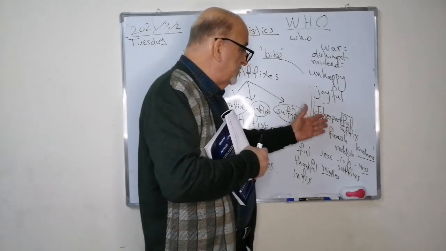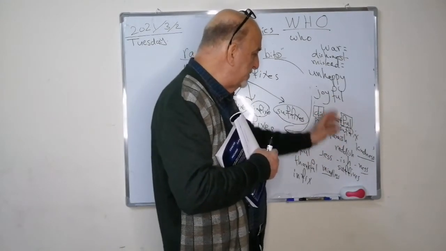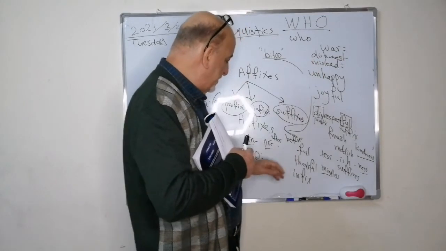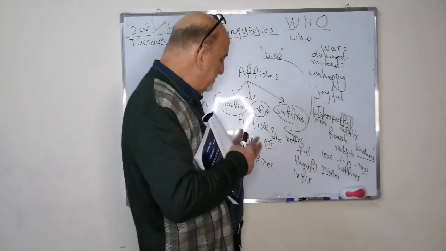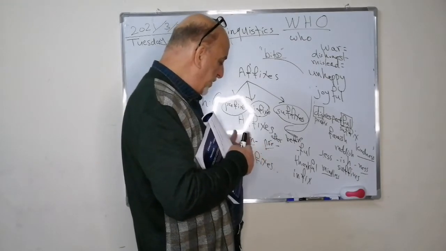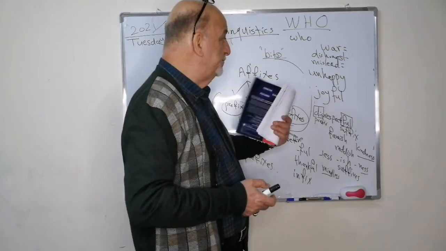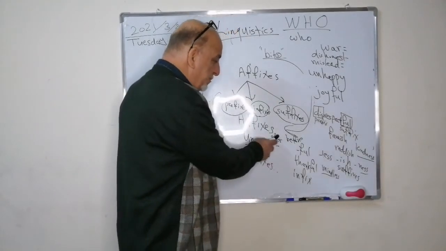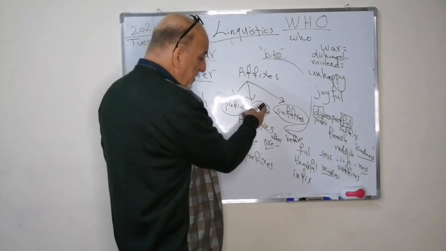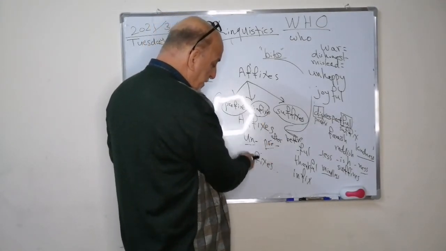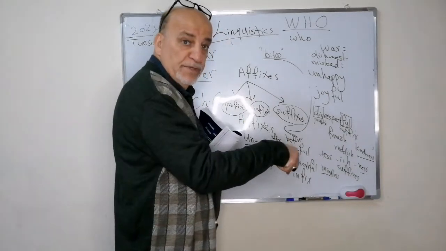Here we are creating new words by adding these bits, un, dis, ful. These bits we add either to the beginning or to the end. English doesn't have infixes, bits like these in the middle of the word, inside the word.